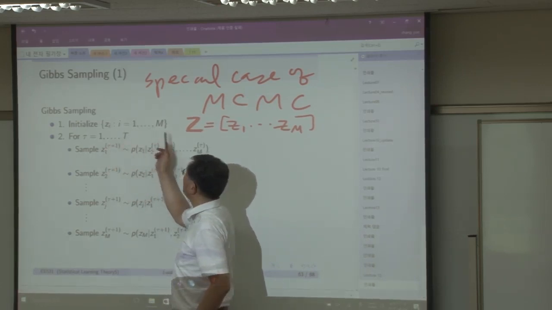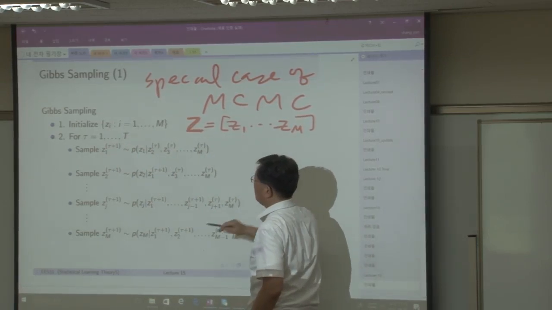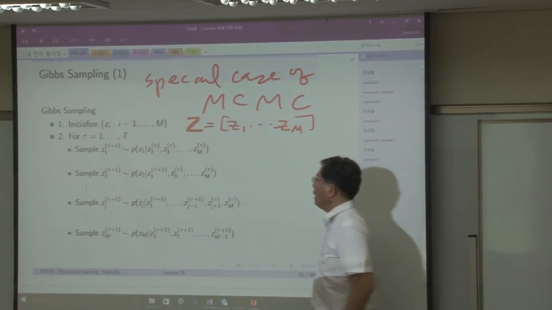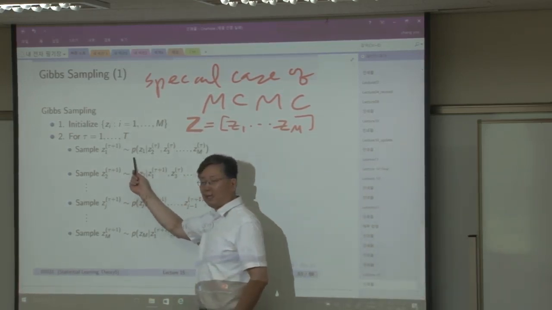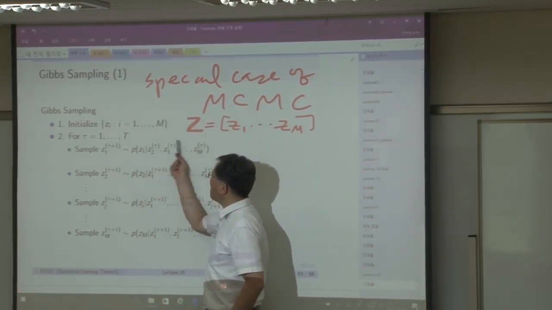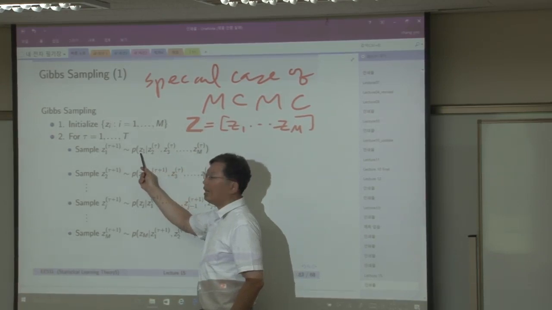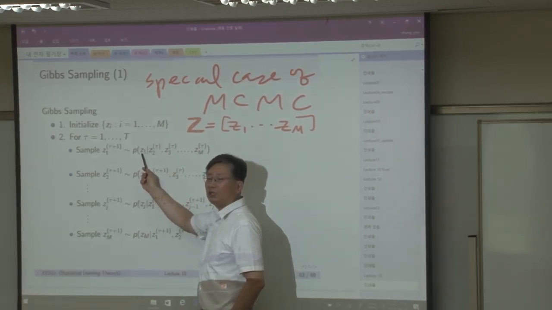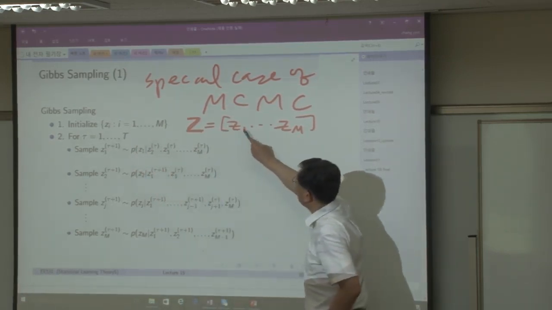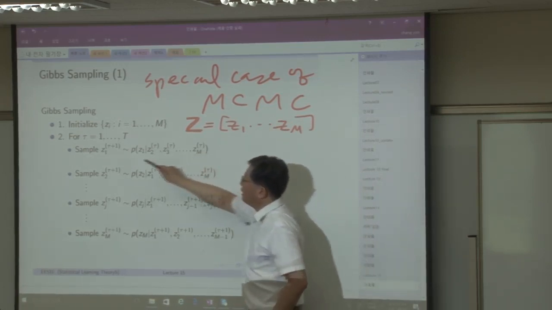Then you initialize some Z, and of course I'm given what P is, and I find the conditional probability. I fix m minus one of them, and I look at the conditional probability of each dimension while I'm keeping the others fixed, and I sample.